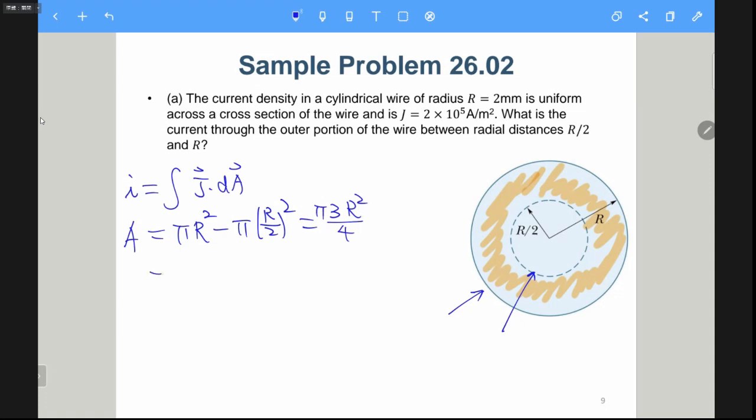So this is 3.14 times 3 times R, which is 2 millimeters, 2 times 10 to the minus third, quantity squared, over 4. So this is 9.42 times 10 to the minus 6 meters squared.